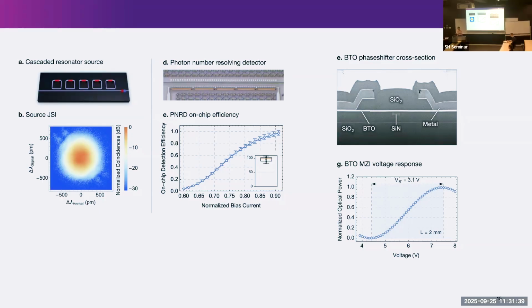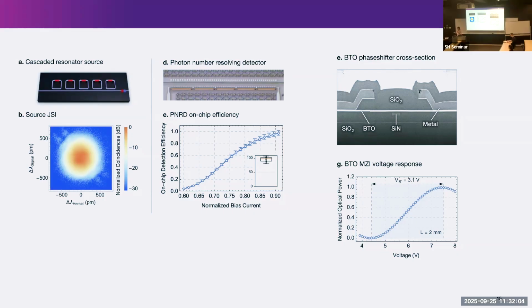How do you change the index of refraction? You can heat up your waveguide. When you heat up your waveguide, the index of refraction changes, you introduce a delay. The problem with that is, one, you have to heat up, so it's a bit energy expensive. You actually have to cool your chip because it will heat up. And it's not quick because you have to wait for the waveguide to heat up and then relax again.